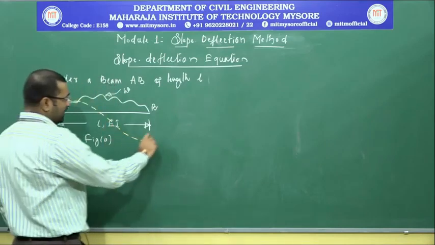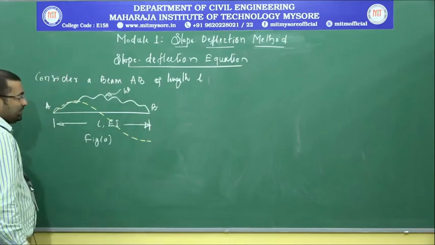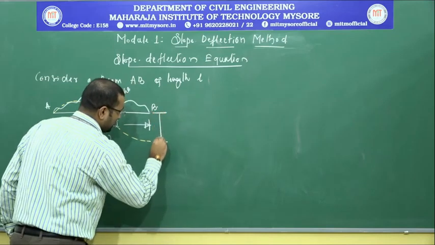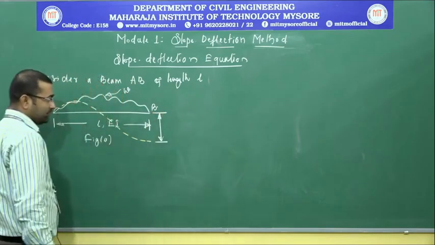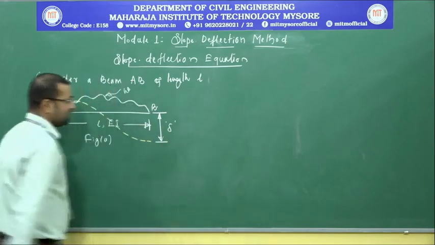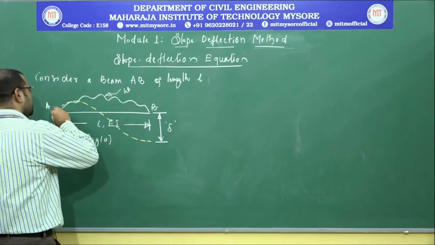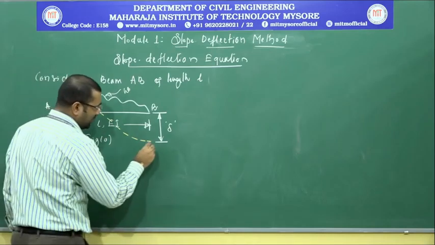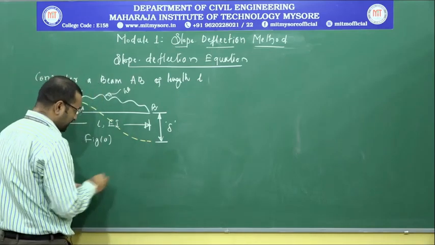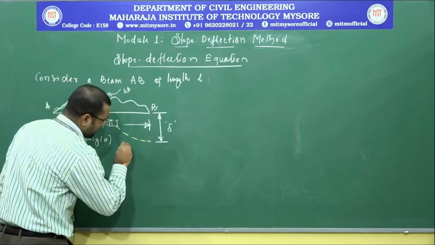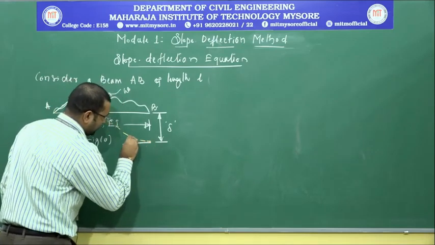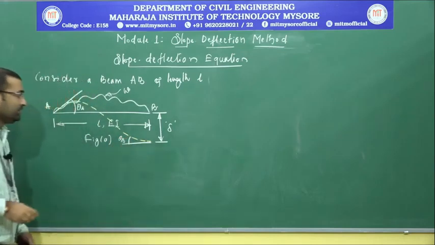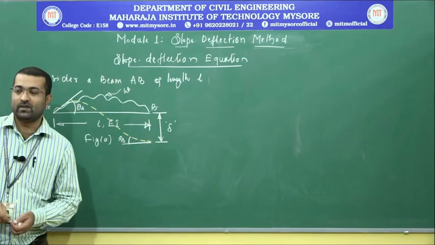This dotted line shows the deformed shape of the beam AB, which represents a deflection, or the sinking of the support B. Let me call this delta, and this beam has a rotation, let me call this theta A. Similarly, the beam may undergo some rotation here, let me call this theta B. Maybe chances are there.